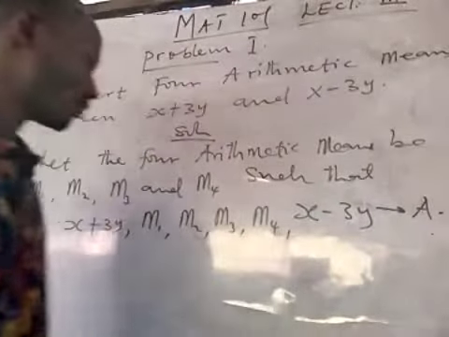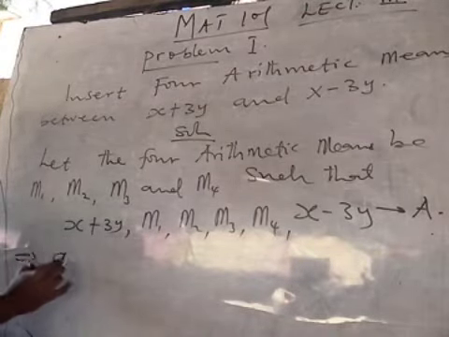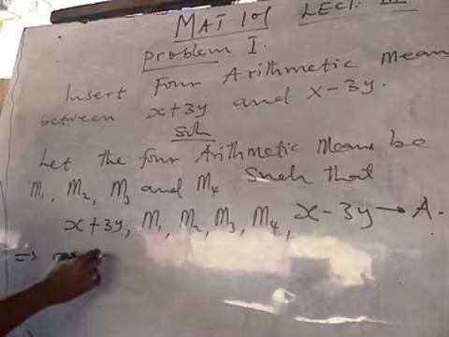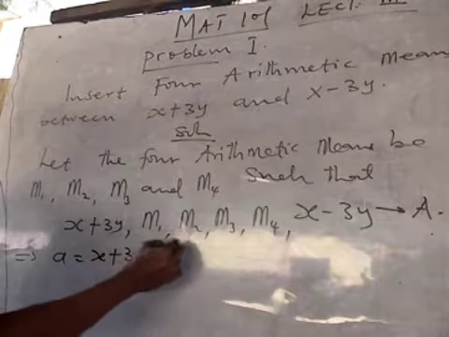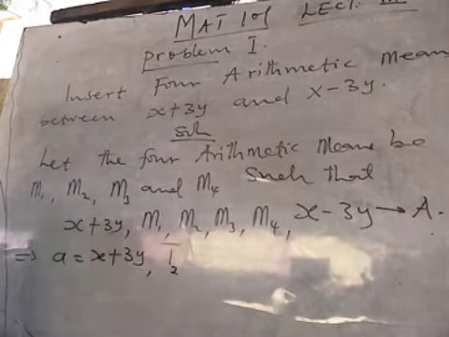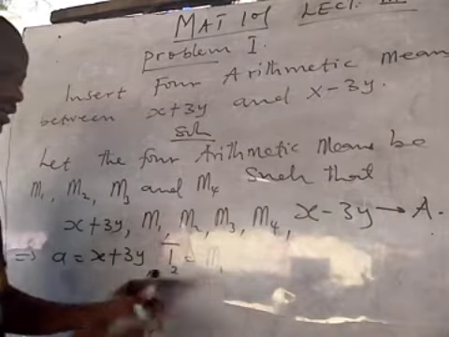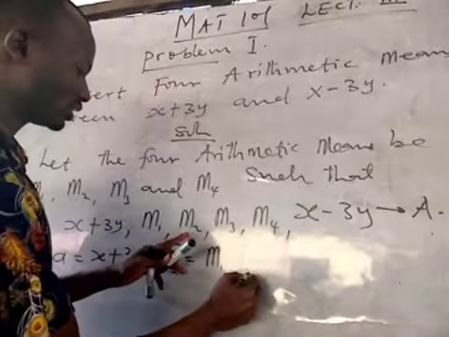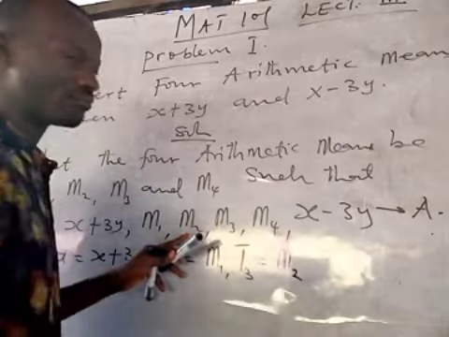So therefore, we can name the terms of this sequence. Our first term a from this sequence is equal to x plus 3y. The second term, which is normally written as t sub 2, is equal to the first mean. The third term, t sub 3, is equal to the second mean.